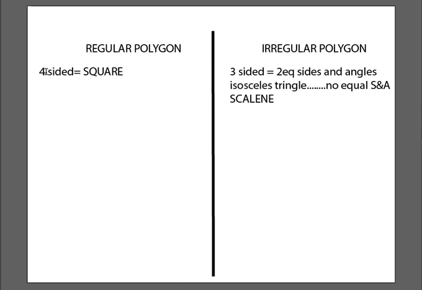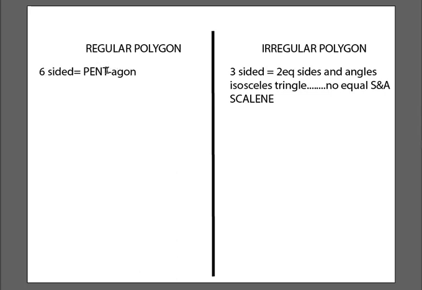We can have a five-sided regular polygon that is known as a pentagon. I'm going to write pent in capital letters, then put a dash. Pent means five, and then you finish with agon: pentagon. We've got a six-sided regular polygon.